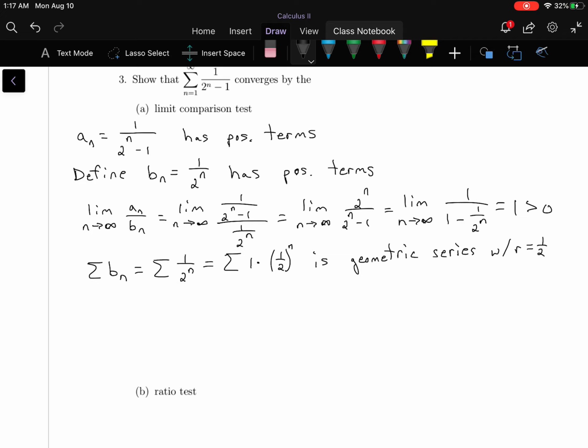And since that common ratio is between plus and minus 1, this tells us that the sum of b_n converges. So by the limit comparison test, or LCT for short, the sum of a_n also converges. So that's what we learn from the limit comparison test.